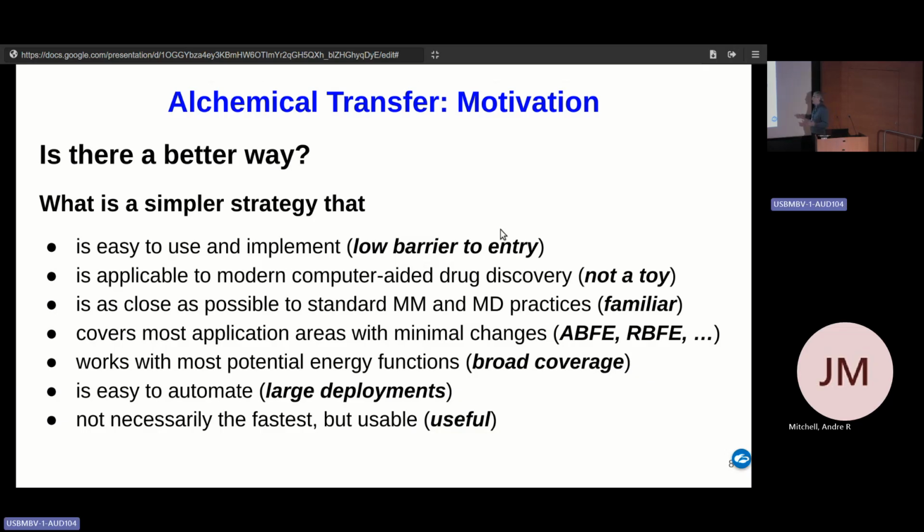It can cover most applications with minimal changes. We want a broad coverage of force fields, potential energy functions. It's easy to automate for large deployments. And something that's not necessarily the super most efficient way to do it, but still useful. It's not as fast as commercial codes, but it's still usable so that you can actually get useful stuff out of it.